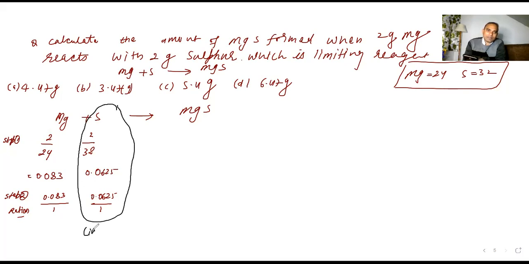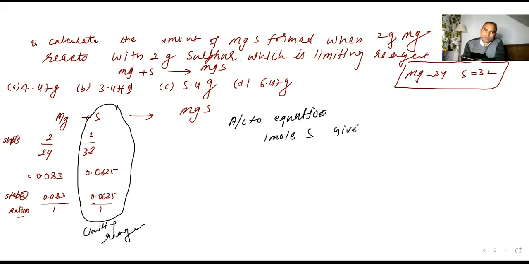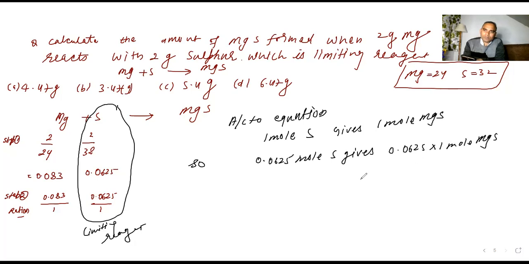This is the limiting reagent, you understood. How much did you get? Which option are you fitting?